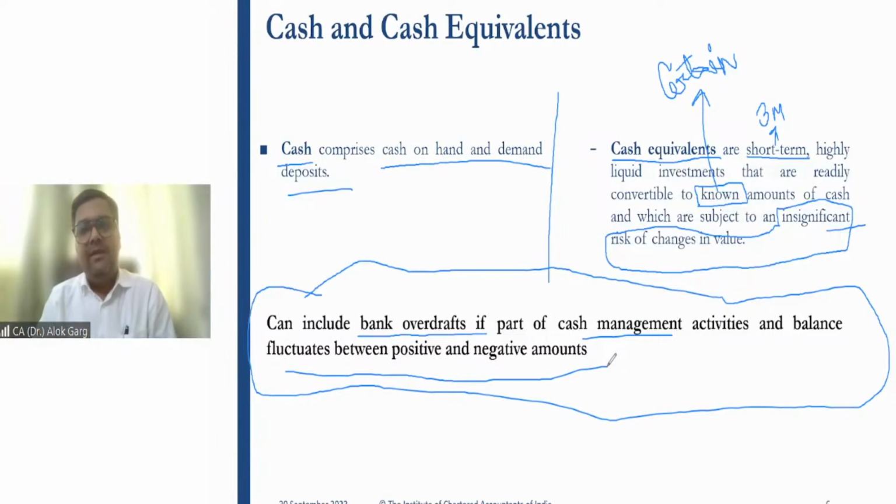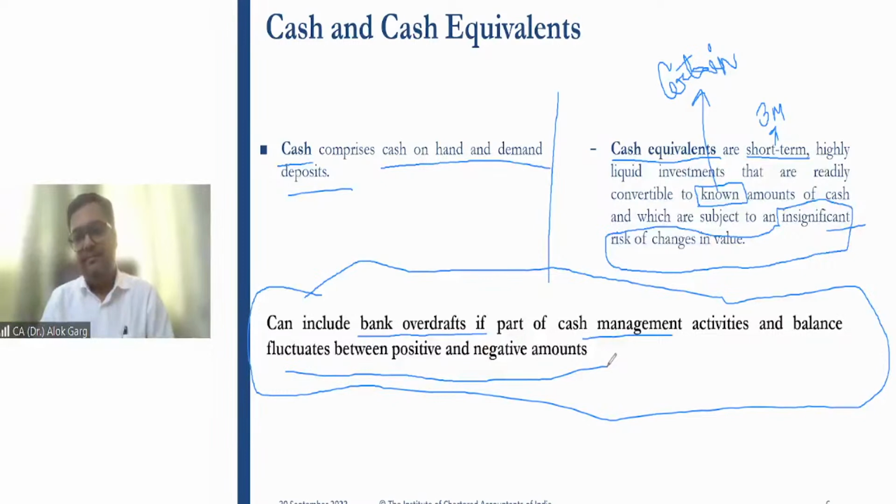Normally, why does a company use the OD facility or bank overdraft facility? To manage the working capital, so that they can issue checks and those checks will not get dishonored. Okay. So friends, in the balance sheet, this bank overdraft has to be shown as a short-term borrowing.